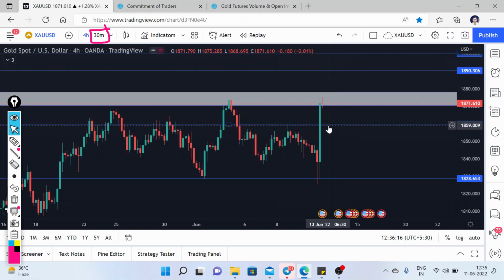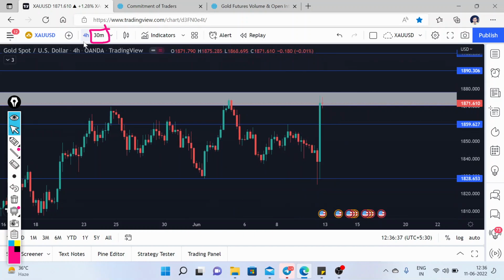But if gold is able to break down to 1860, then we can have a further decline. But as we have seen a good bounce from this price level, the gold buyers might defend this zone, and we can have a further bounce of price from this level.